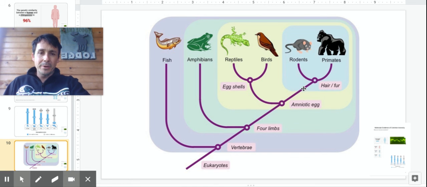As you back up this chain here, you're going to find that you have less DNA in common between rodents and primates than you do with reptiles and birds, but reptiles and birds have a pretty high similarity in protein and DNA content. But they can be traced back to this point here, which means that there is some common ancestry.